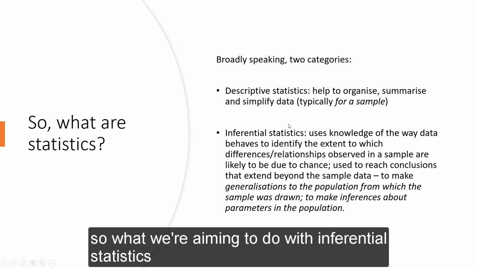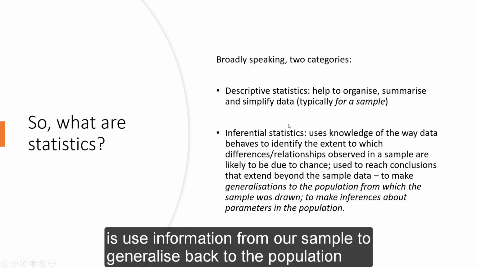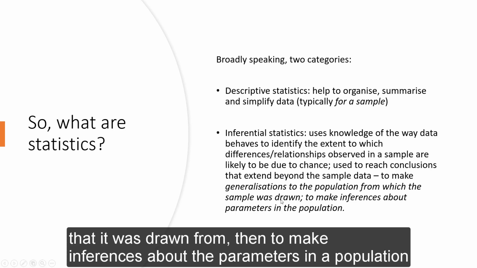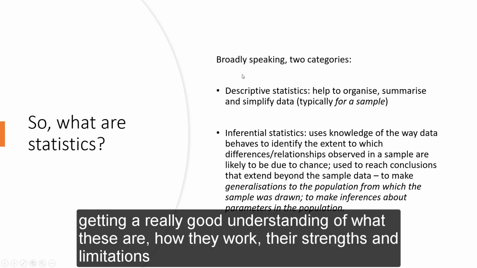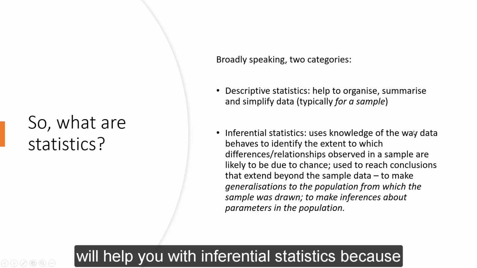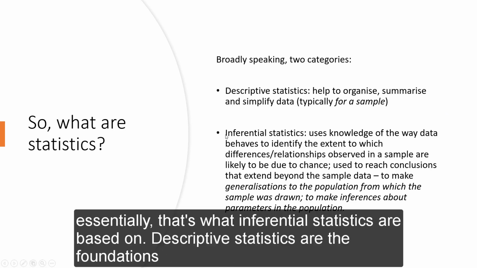So what we're aiming to do with inferential statistics is use the information from our sample to generalize back to the population that it was drawn from, and to make inferences about the parameters in a population. Now, with descriptive statistics, getting a really good understanding of what these are, how they work, their strengths and limitations, will help you with inferential statistics, because essentially that's what inferential statistics are based on.